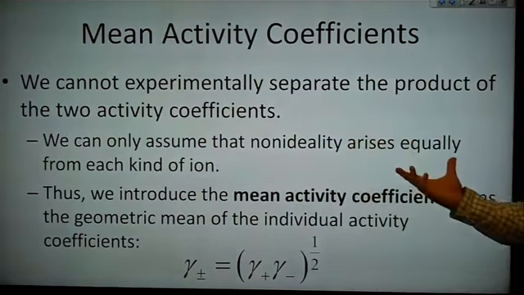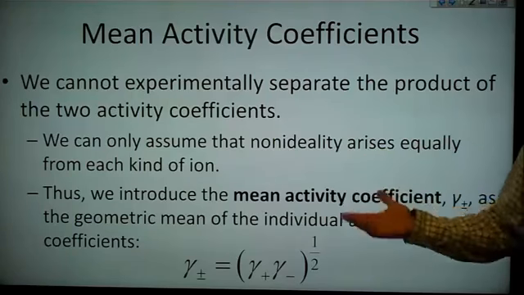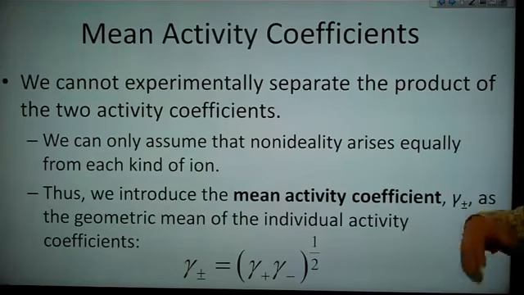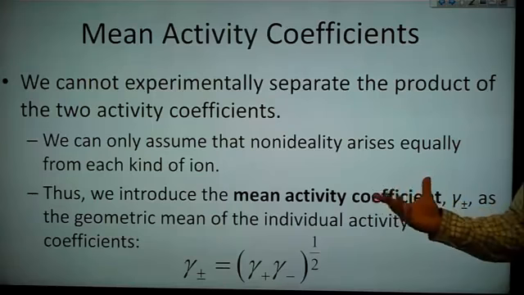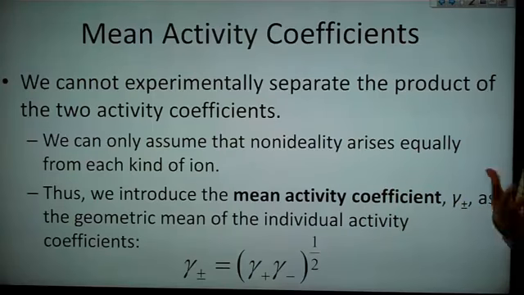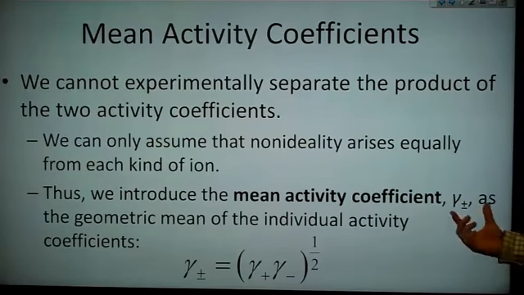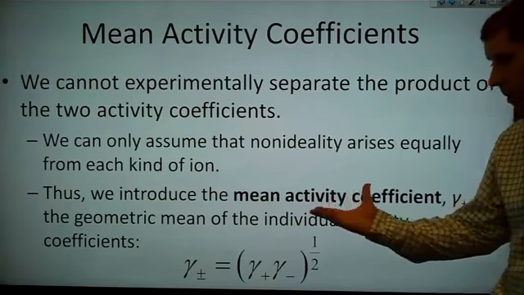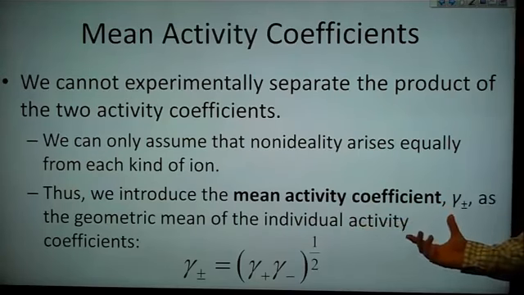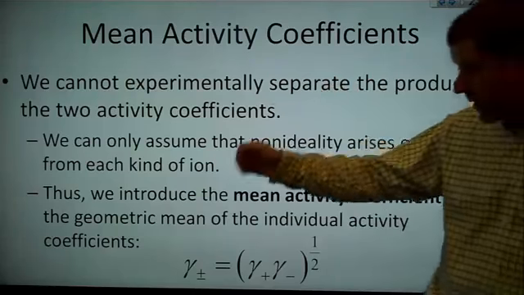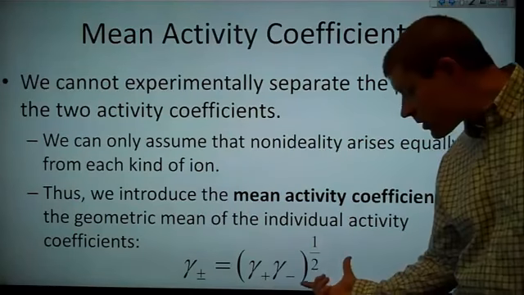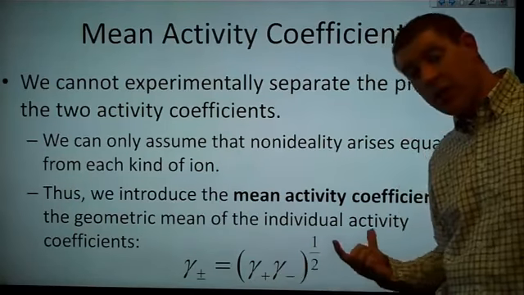So we can only assume that the non-ideality arises equally from each kind of ion, both the cations and the anions, and this means that we have to introduce our mean activity coefficient. Right? So this is the mean activity coefficient gamma plus minus, as a geometric mean of our individual activity coefficients. So gamma plus minus is equal to the square root of gamma plus times gamma minus.